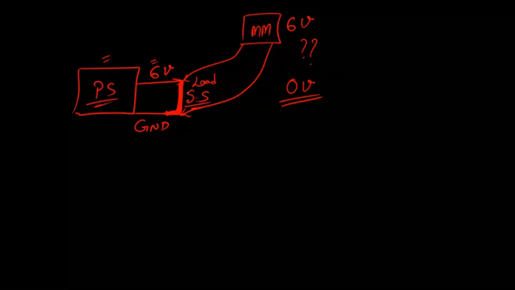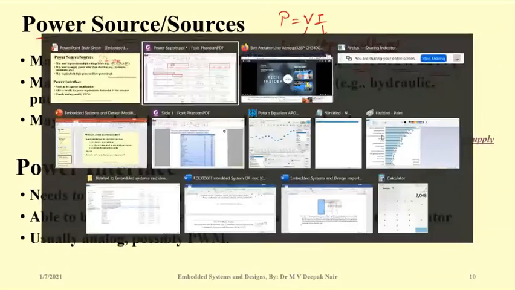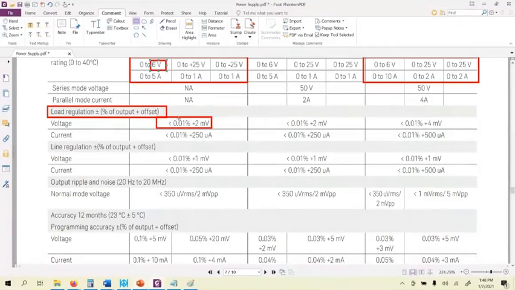So how does that specification come from the power supply manufacturer's side? It talks about load regulation, how the voltage is going to change with respect to the load. Now a very good company will provide very small values, like here you see 0.01% plus 2 millivolt.